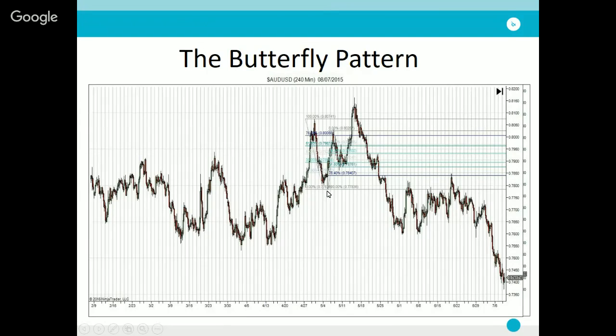Now, again, as I say, you have to consider the location, because where, as in this instance, we see the pattern form at the completion of a corrective period within a dominant trend, then we can anticipate probably a much larger resumption of that trend. And so we might look to hold below that XA leg. But in terms of just trading the pattern itself, typically if we sell the D point, our initial target at least is going to be a move back down into the bottom of that structure.